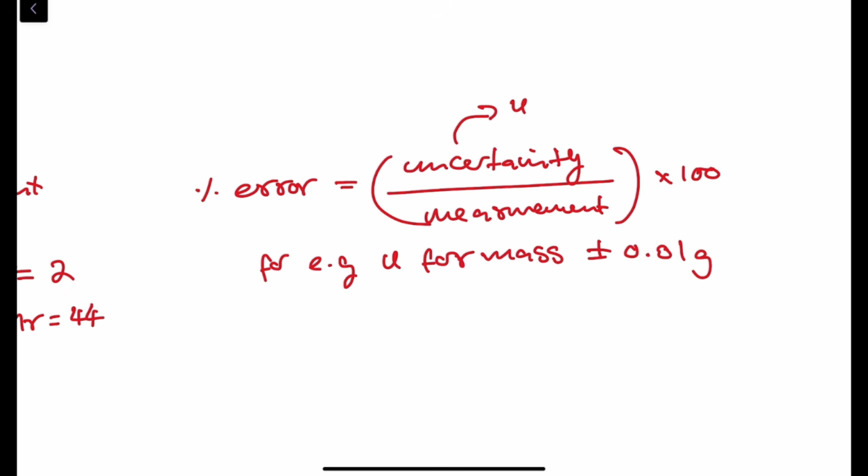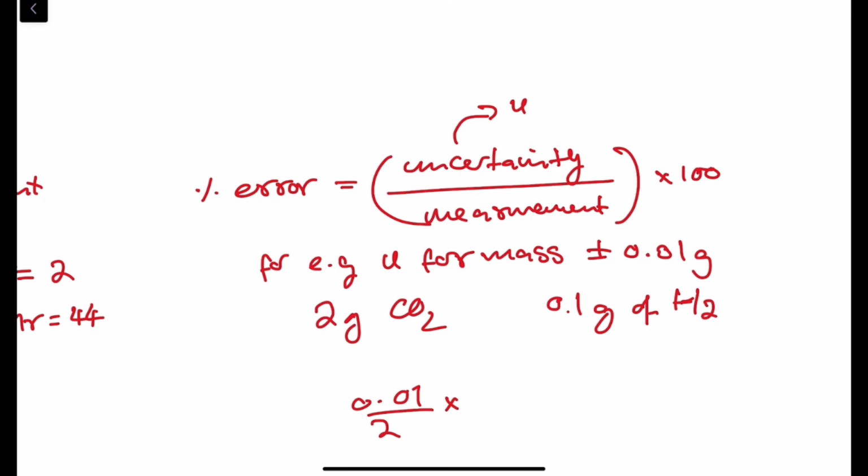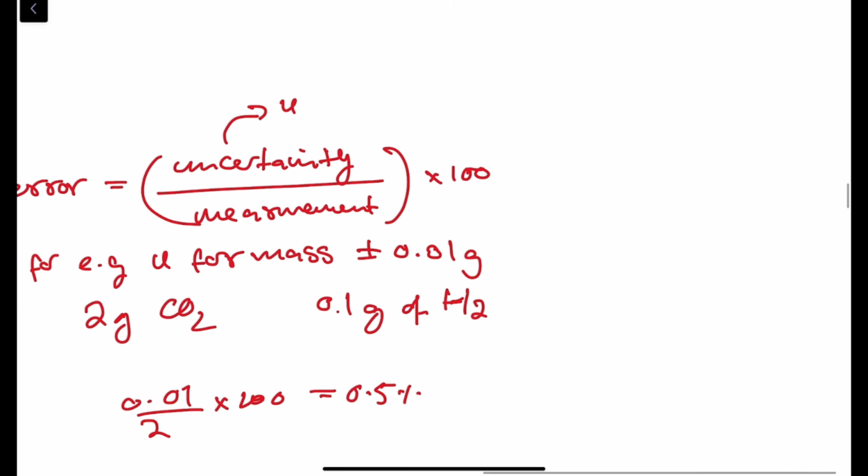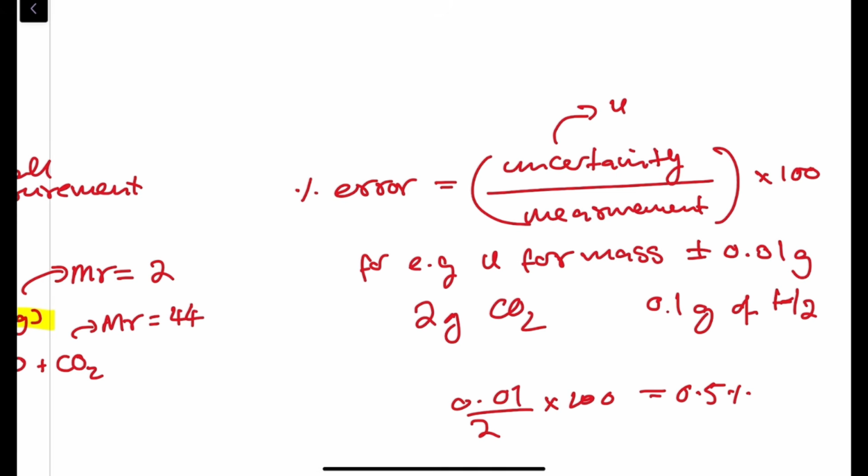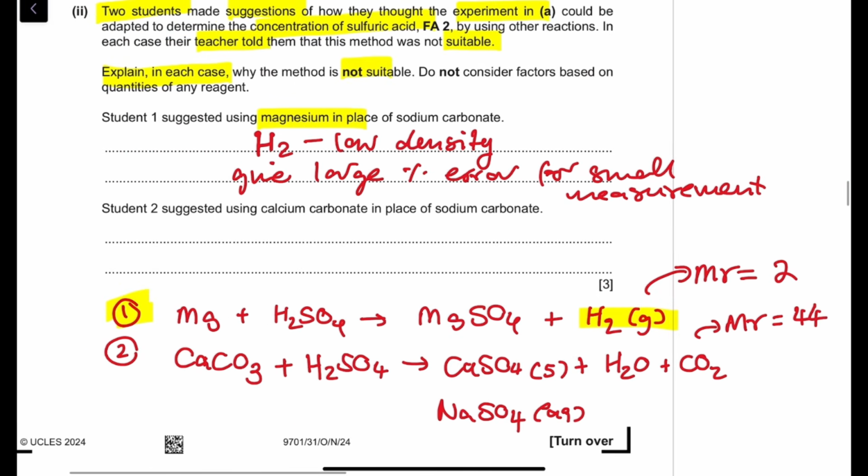And we lost 2 grams of CO2. We would have lost 0.1 grams of hydrogen for the same number of moles. 0.01 divided by 2 times 100 gives 0.5% percentage error. But 0.01 over 0.1 times 100 gives 10% percentage error. Hydrogen gives a greater percentage error.